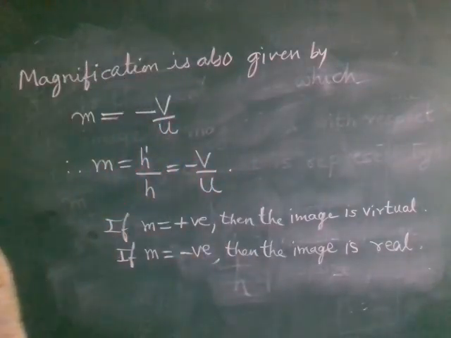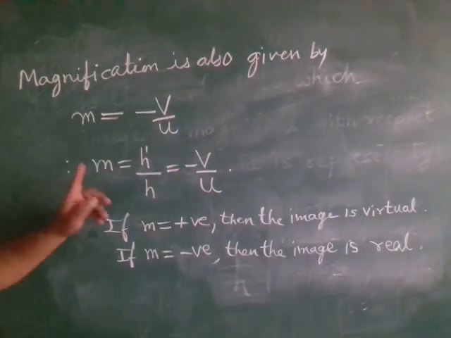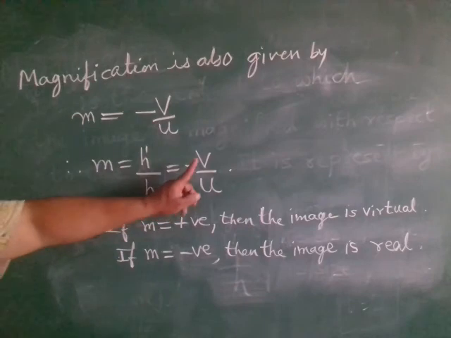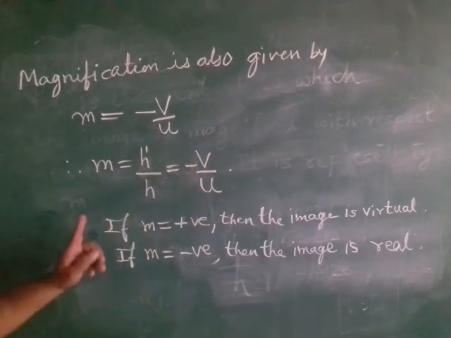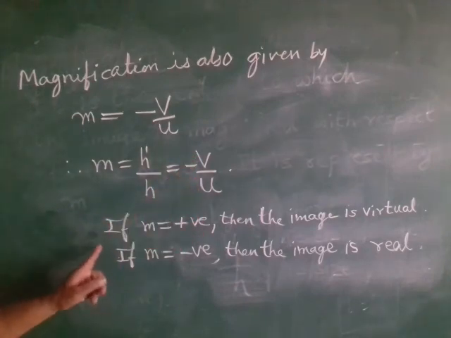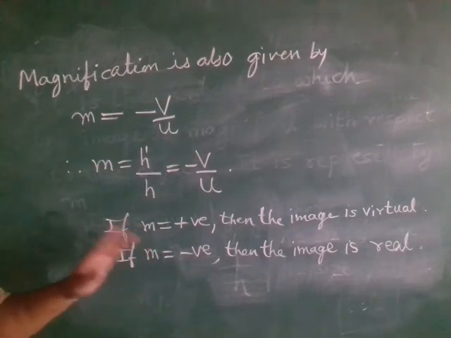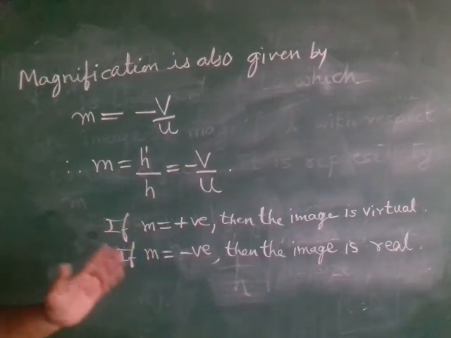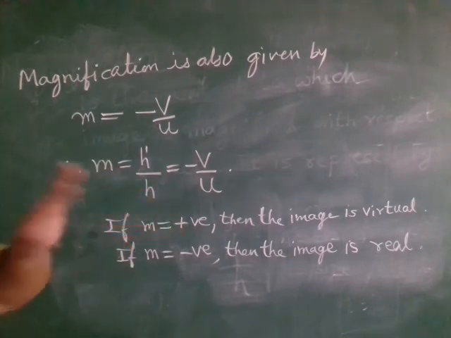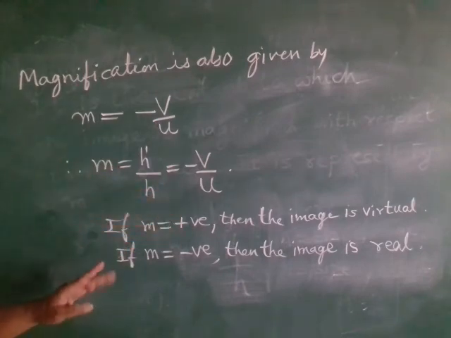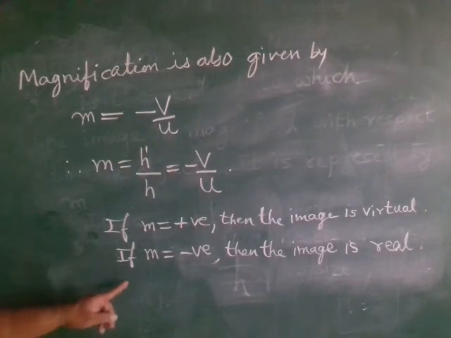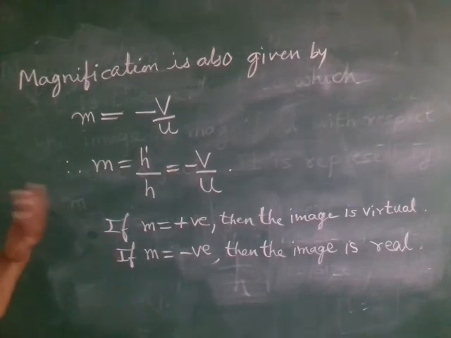So we get m is equal to h dash upon h is equal to minus v by u. If we calculate the value of m and if m is positive, then the image formed will be virtual. Virtual images are formed behind the mirror. And if m is negative, then the image is real. Real images are formed in front of, or to the left of, the mirror.